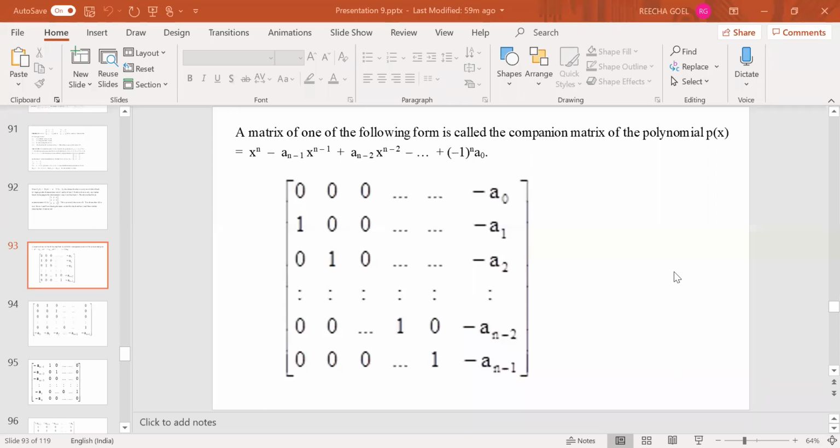Now, there are certain methods through which we can find whether a given characteristic polynomial is the minimal polynomial or not, or under what conditions a given characteristic polynomial is the minimal polynomial itself. And for that, we consider the concept of the companion matrix. Suppose you are given a polynomial.